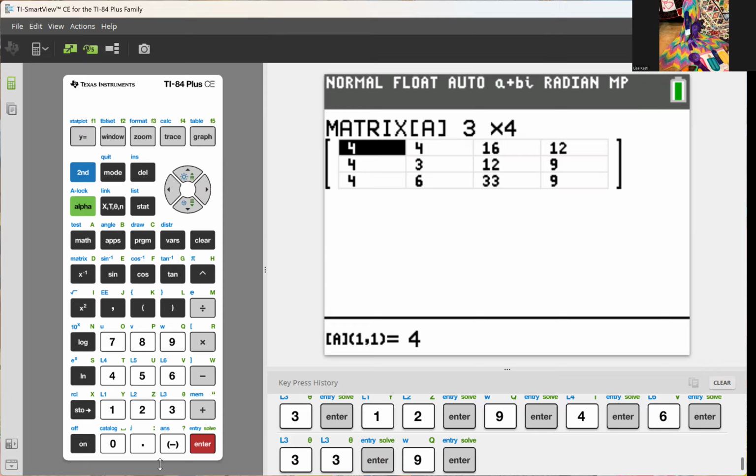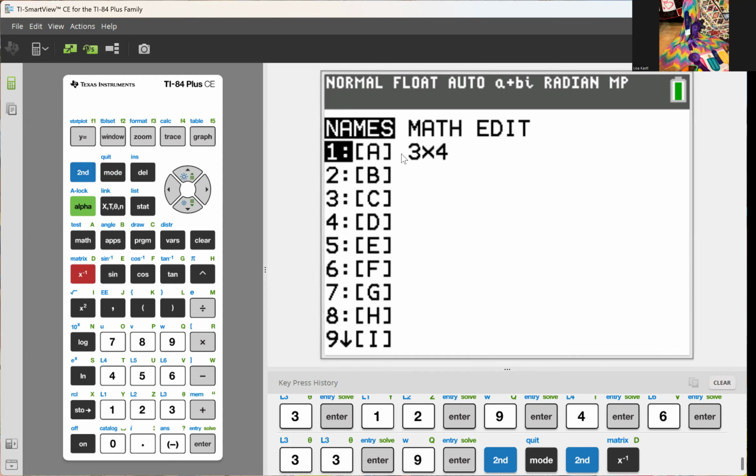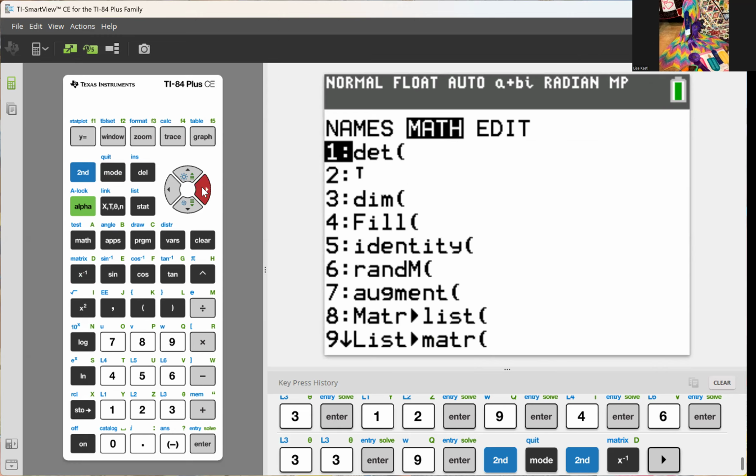Now to perform row operations on this matrix using my calculator, I need to exit from my matrix menu and then go back in. So I'm going to do a second mode to quit. Then I go back in, second matrix, and you can see the matrix is there now that I've inputted it. I've got a 3 by 4 matrix in matrix A. I'm going to arrow to the right to the math menu.